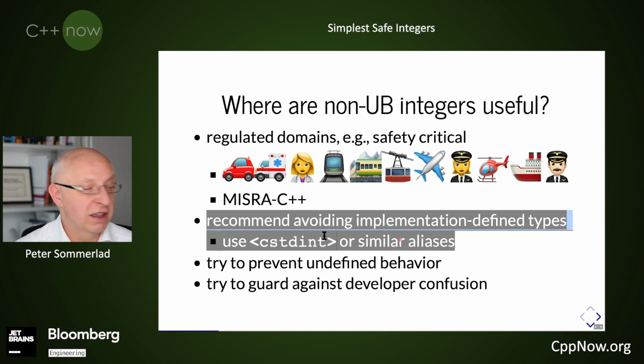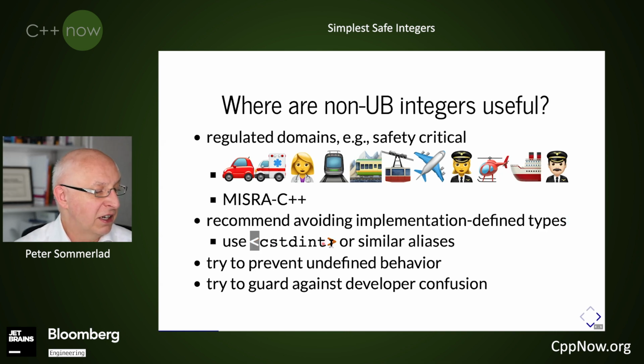And we have the C standard int header, or in C it's stdint.h, that predefines exact width integer types on most platforms. So many of the guidelines actually are trying to prevent undefined behavior and to guard against developer confusion.